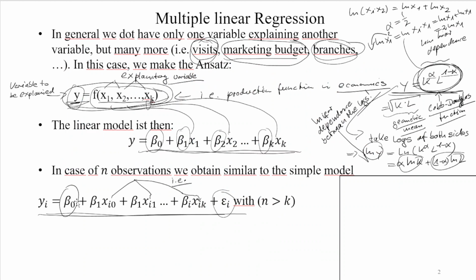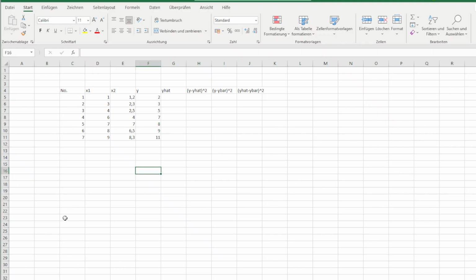Behind beta 0 we can just think, well, this is beta 0 times 1. Okay, so first of all we need x. And x is then our ones, up to 7: 1, 2, 3, 4, 5, 6, 7. And then the values of x.